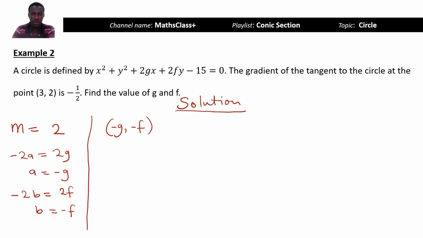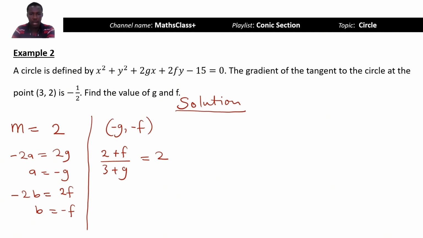And the gradient of the radius which touches the point of contact will be given as 2 minus negative f, which is going to be 2 plus f, divided by 3 plus g, equal to 2, as we have already determined.